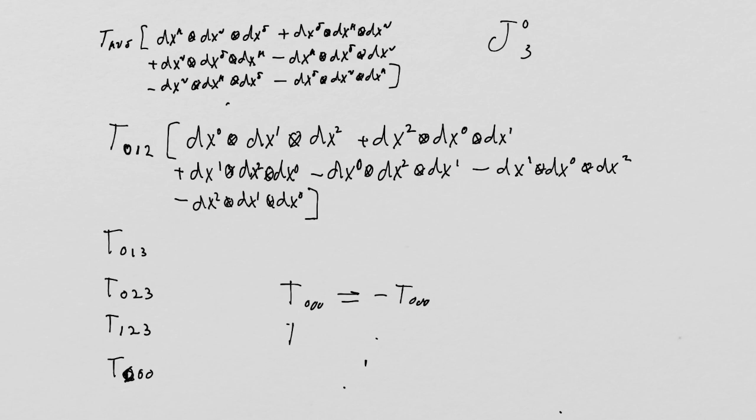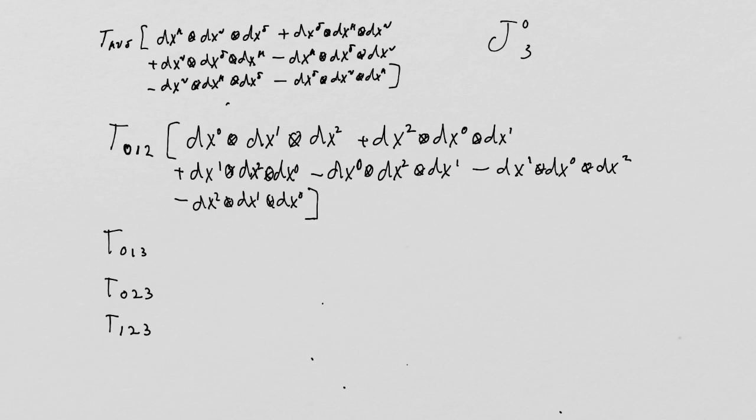But what's also true is T_001 must equal minus T_001, because if I exchange these two, I'm expecting the sign to change. So anytime you see two of the same number, you're done. It's immediately 0. So all of those don't count.